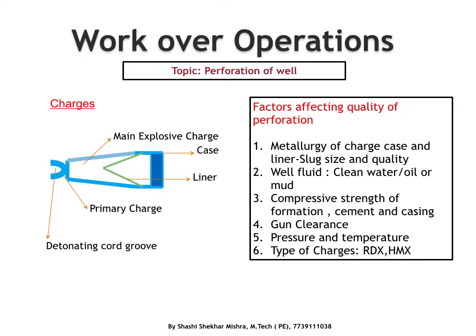When the liner gets deformed, after deformation it produces a jet, and this causes the formation of slug, and this slug itself gets plugged into the formation in the tunnel, which causes a reduction in the permeability of the rock or the perforation formation itself.